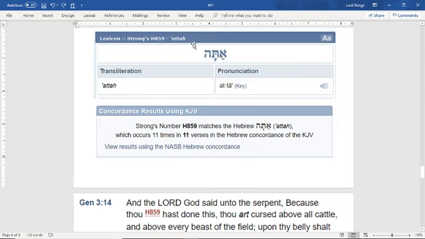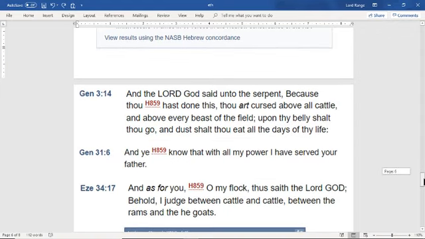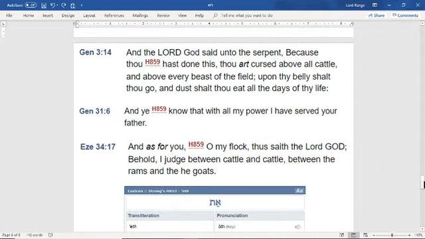And you pronounce this Atah, and it is Hebrew reference number 859. Now, as you can see here, it says Atah occurs 11 times in 11 verses in the Hebrew concordance. So we're not going to look at all 11. We're just going to look at a couple of them so we can see what Atah means in the Old Testament.